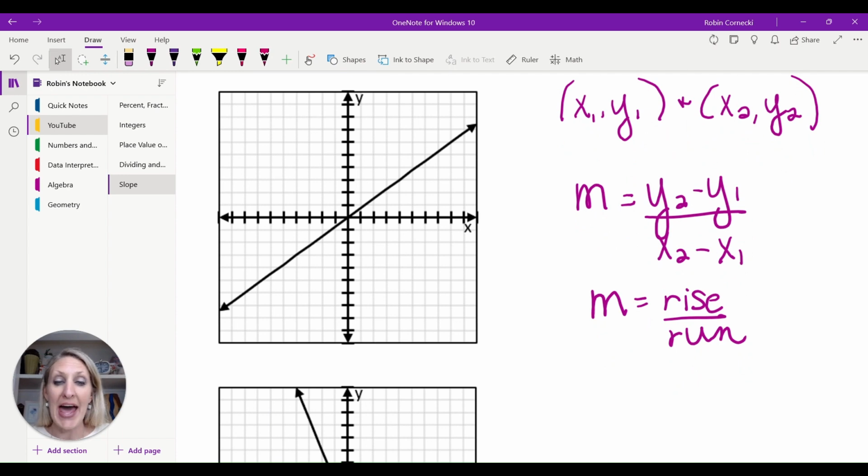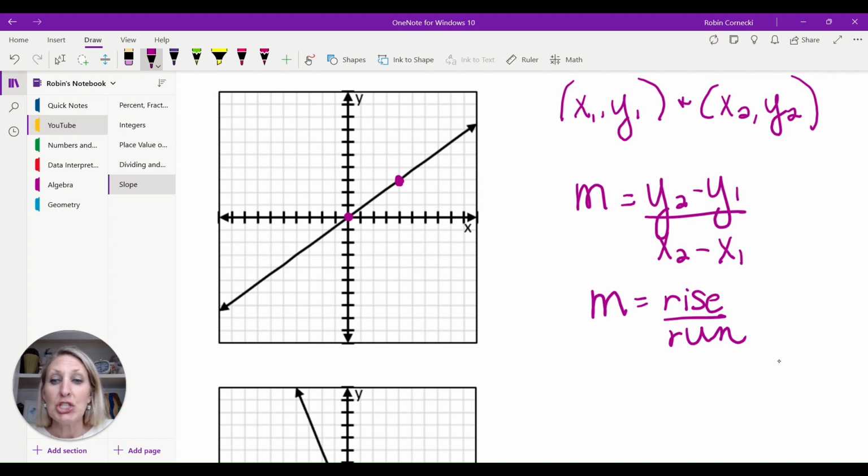We're going to look at this graph and pick two points on the line, and we want the points to be at the crosshairs of these vertical and horizontal lines. I picked this point (0, 0) and this point (4, 3).